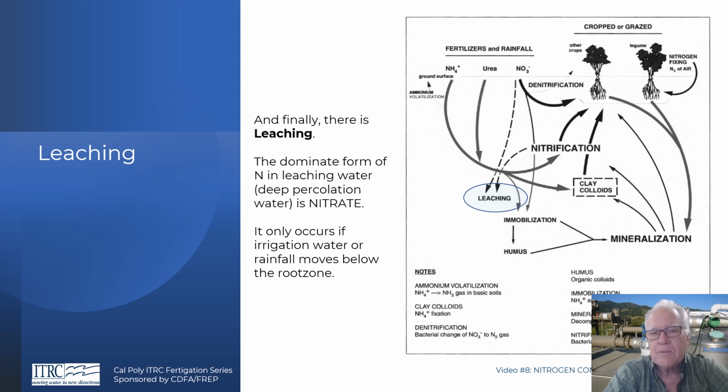And if you minimize the amount of water that leaches out, you also minimize the amount of nitrogen, especially if you have good nitrogen management. So remember that the dominant form of nitrogen in the leaching water is nitrogen that's in the soil water, which is primarily nitrate. And water has to go below the root zone for this to occur.